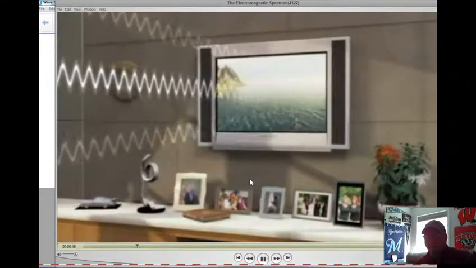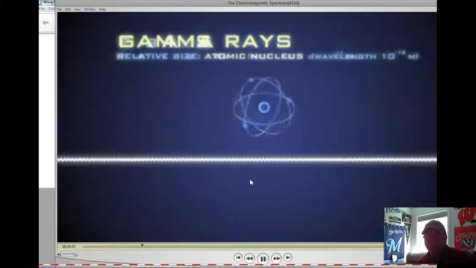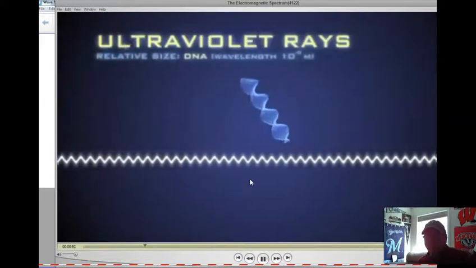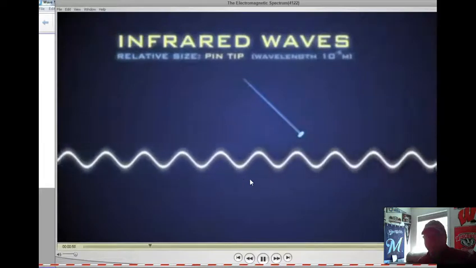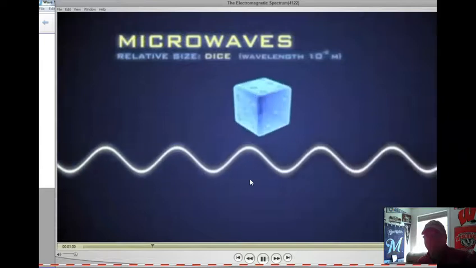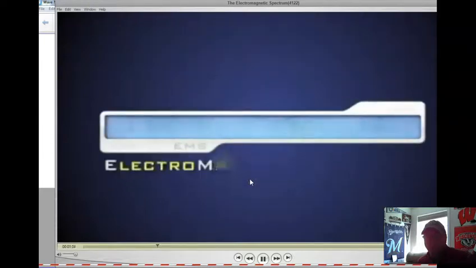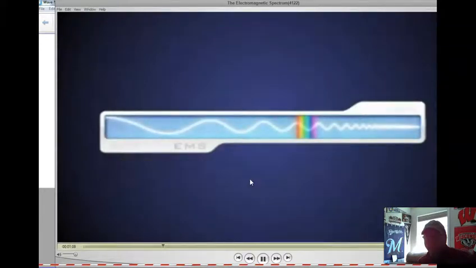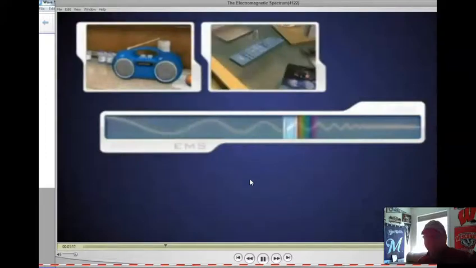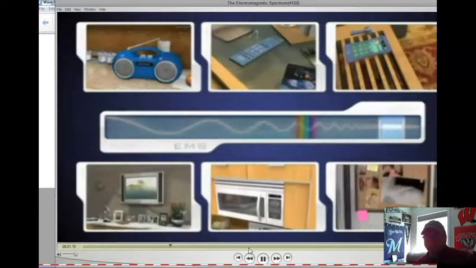These waves spread across the spectrum from very short gamma rays to X-rays, ultraviolet rays, visible light waves, even longer infrared waves, microwaves, to radio waves which can measure longer than a mountain range. This spectrum is the foundation of the information age and of our modern world. Your radio, remote control, text message, television, microwave oven, even a doctor's X-ray, all depend on waves within the electromagnetic spectrum.